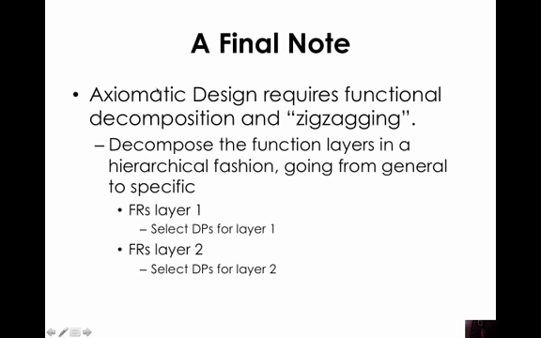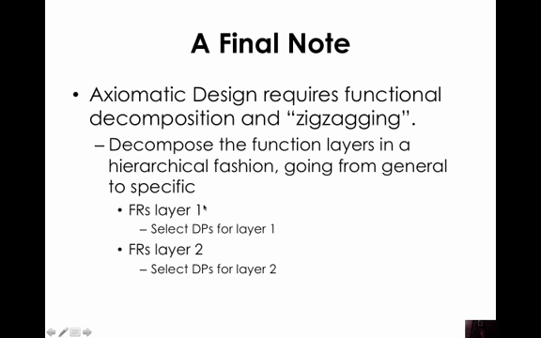One final note that's important, and I don't want to leave this out, because the way this works ideally is when you're going through the functional decomposition, you will come up with a layer of functional requirements, select the design parameters for that layer, and then go to the next layer.